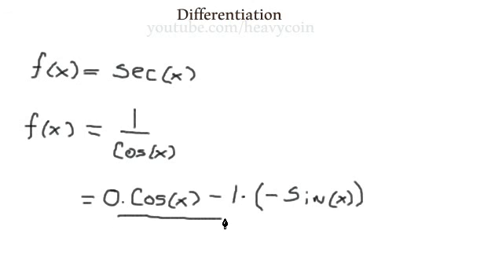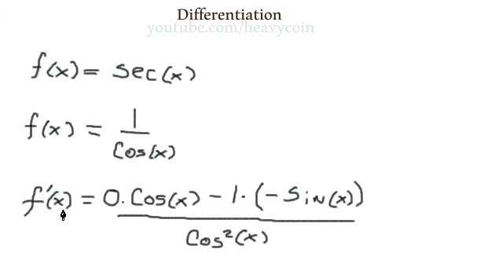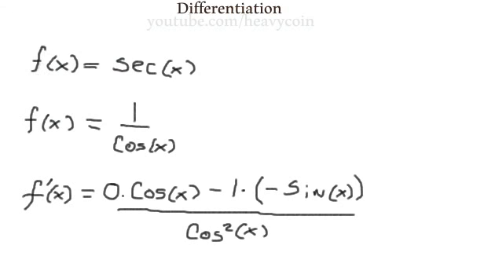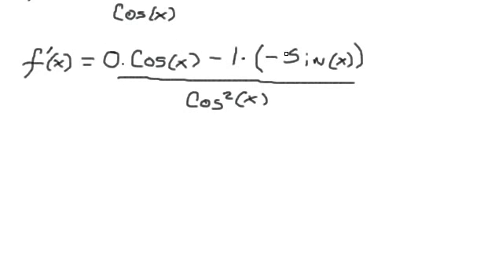And it's all over cosine squared x. So this is our f prime of x now. So let's clean this up.